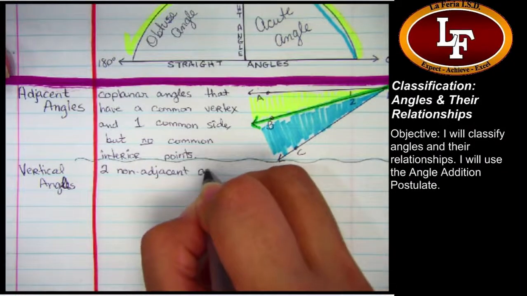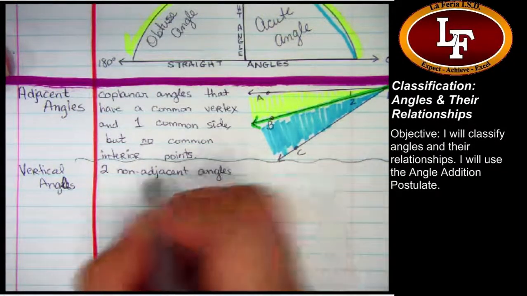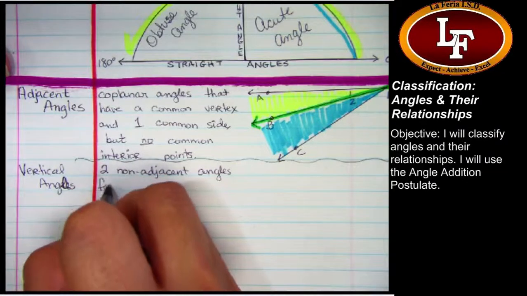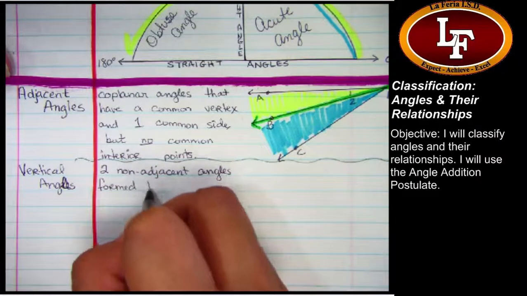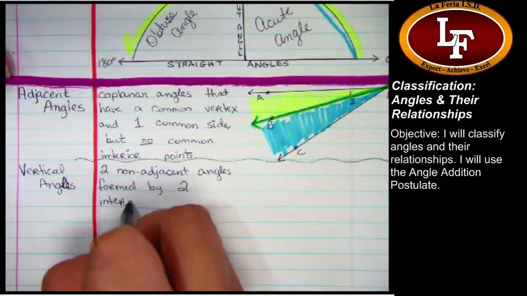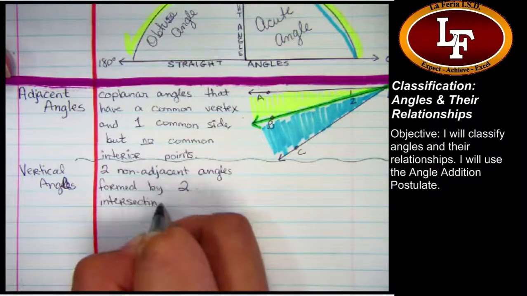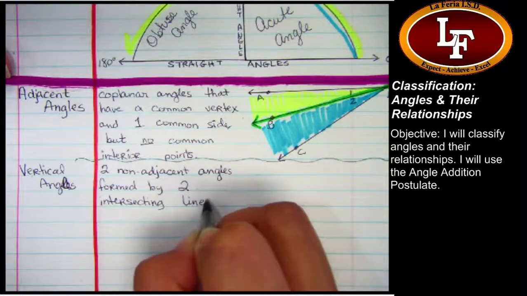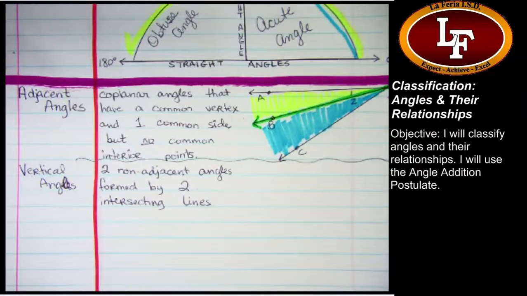So they're going to kind of look like adjacent angles, but they're not adjacent angles. And they're formed by two intersecting lines. And they're going to look like this.